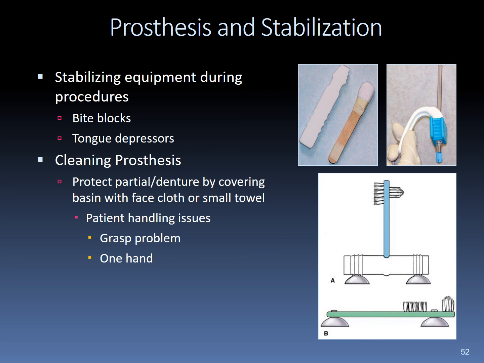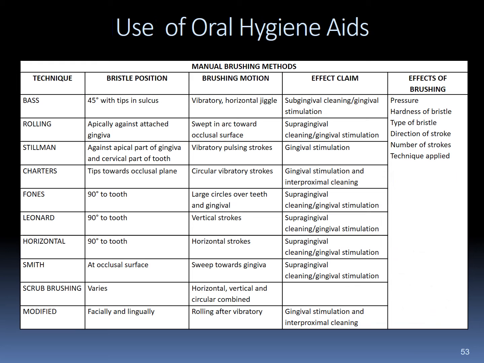So protecting their partial dentures by covering the basin with a washcloth or small towel is really important when helping them clean their dentures. The other thing is, as you're working on them, you may also have issues with stabilizing your equipment. So the use of bite blocks or tongue depressors may be important while you're in there doing your clinical procedures.